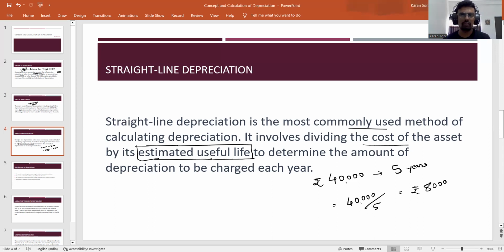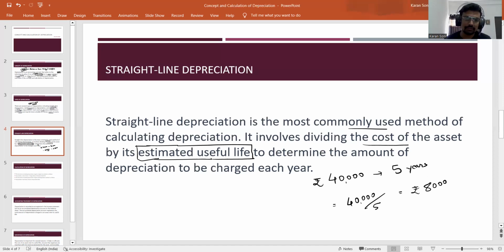I hope no one needs a calculator for this calculation. Please don't use a calculator for this type of calculation. Sorry, bad joke. So I think you have understood this concept of straight line depreciation. Very easy, nothing to worry about.